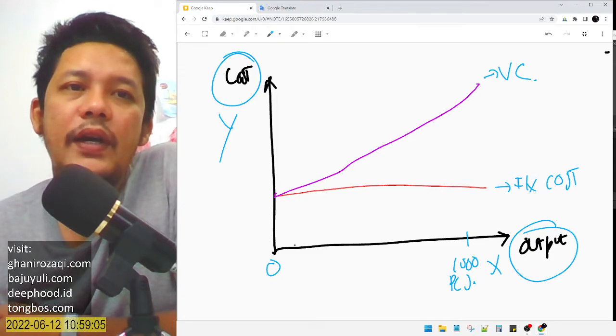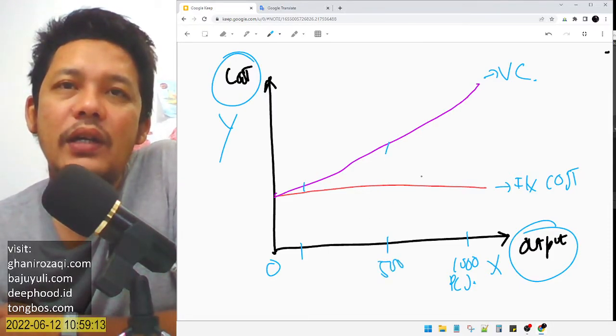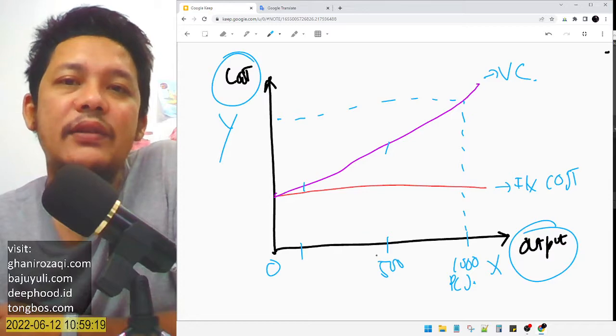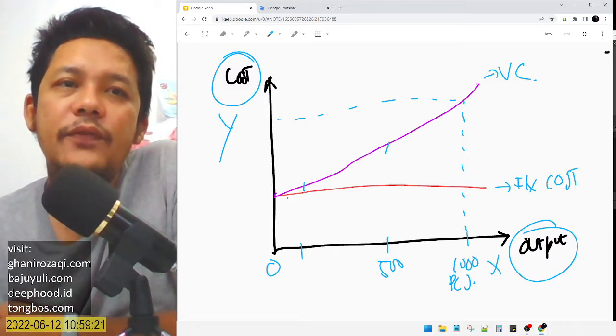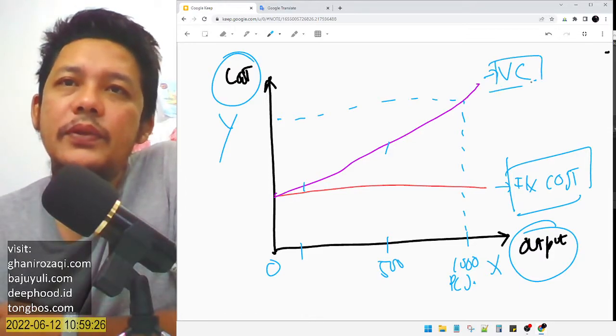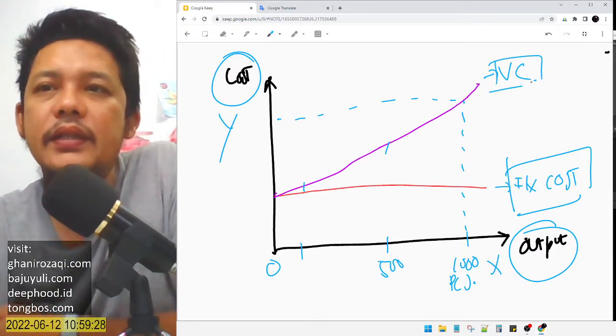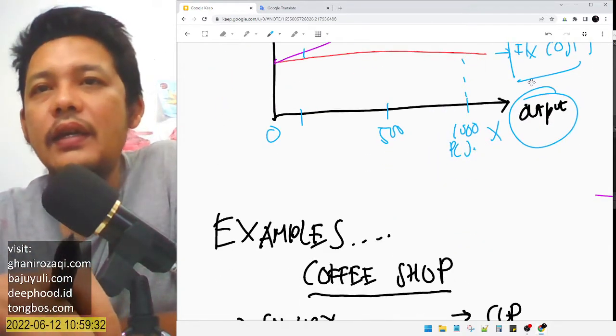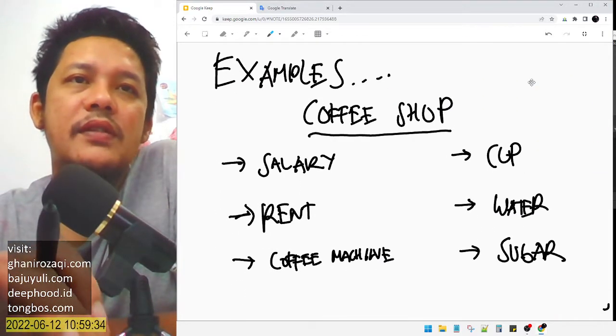If I produce one, the cost will increase, and if I produce 500, the cost also increases, and at 8,000, of course the cost is as big as 8,000. So this is the variable cost, this is the fixed cost. I hope you can understand more with this graphic. And then let me give you some examples.